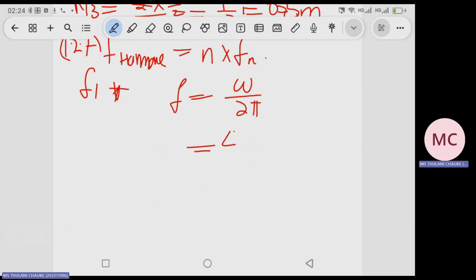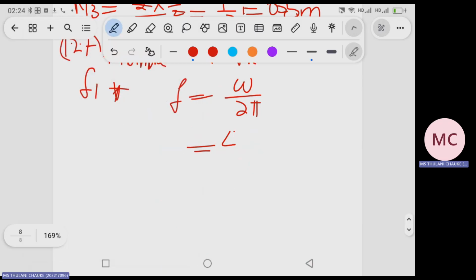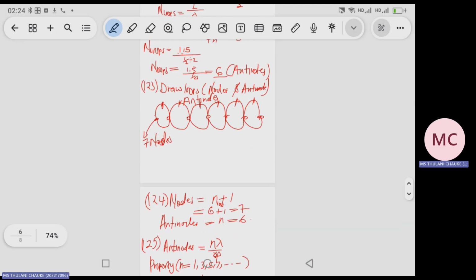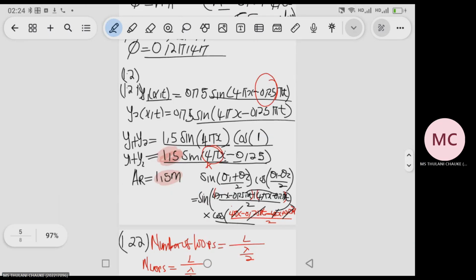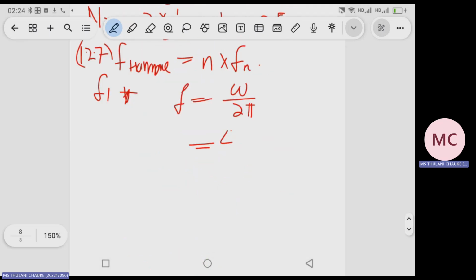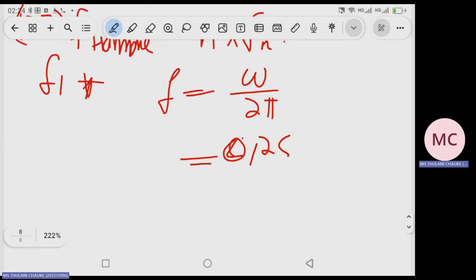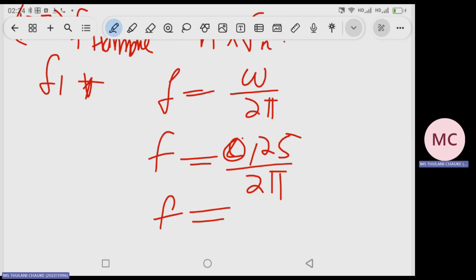No, it was not 4 pi. Let's go up and check what was omega. Omega was 0.25. So it's 0.25 divided by 2 pi. Then you get your frequency. You'll get that the frequency is 0.125 hertz.